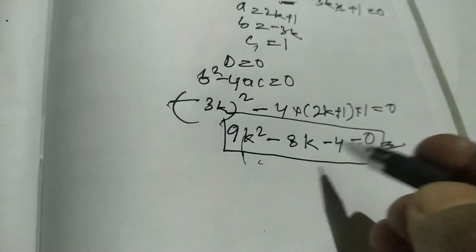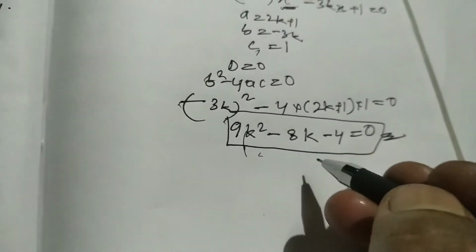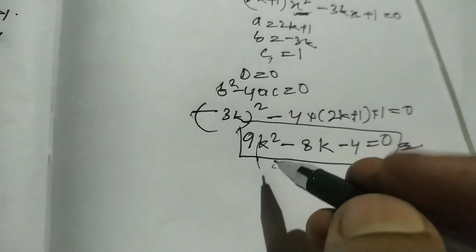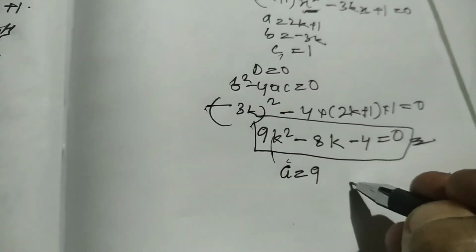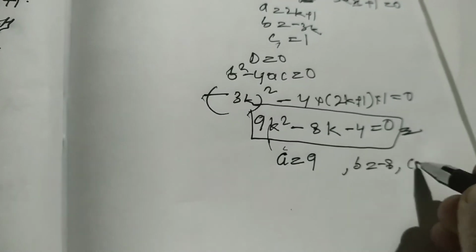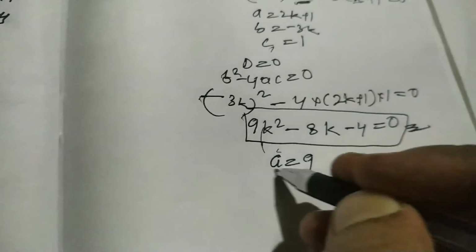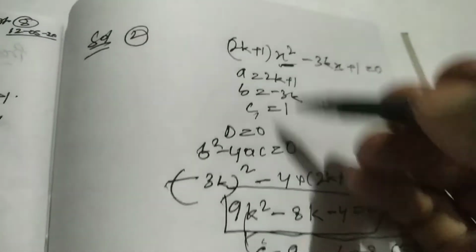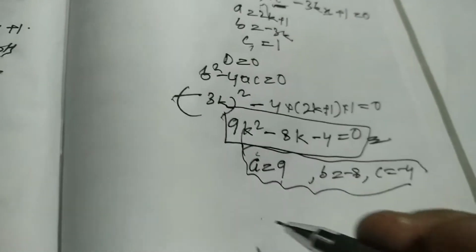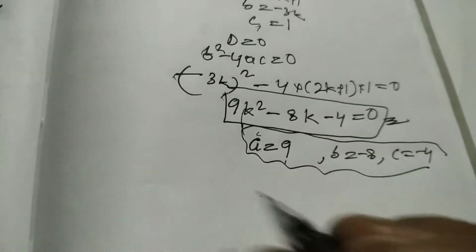Here k is the variable, and that is the equation. We again put this one: a is 9, b is −8, and c is −4. Right, we cannot compare this one with the earlier a, b, c. These a, b, c are real numbers, could be anything.